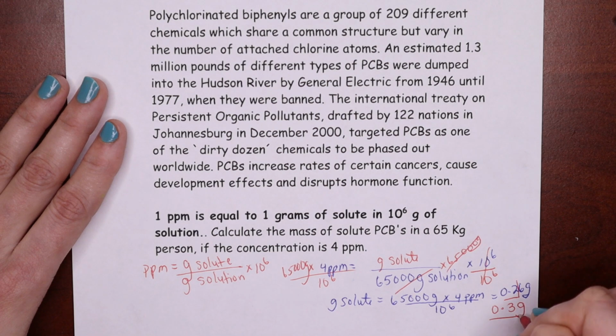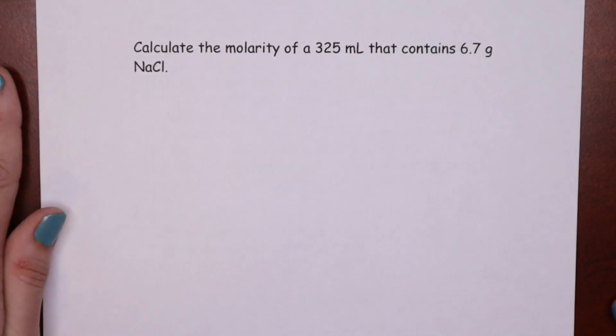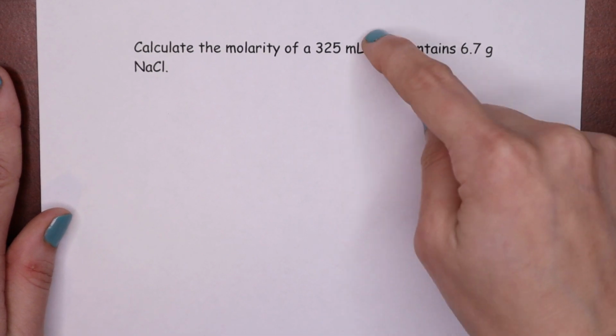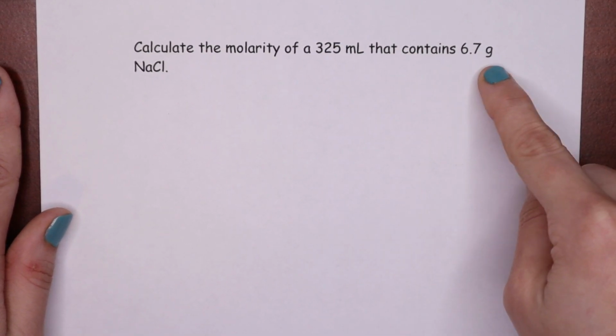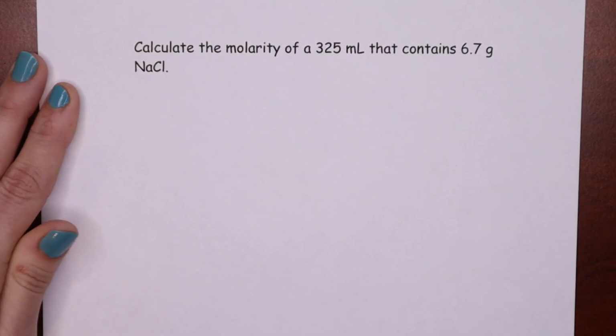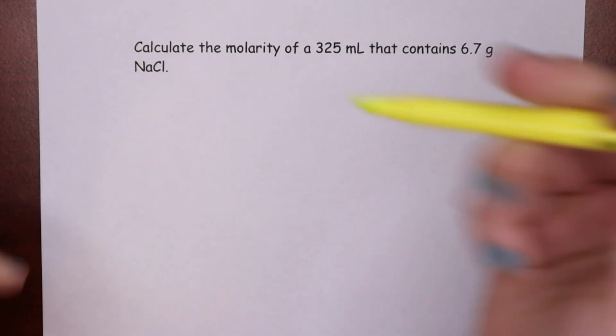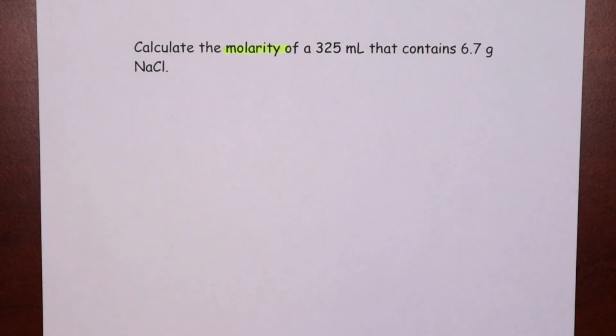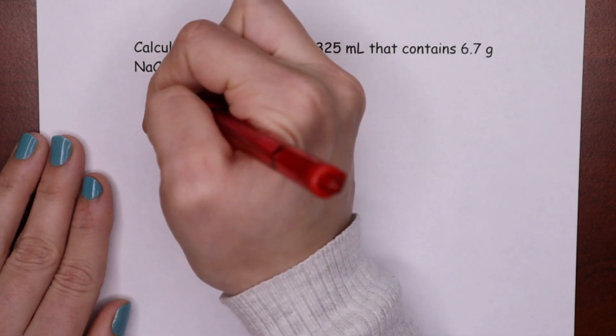0.3 grams. The following question says, calculate the molarity of a 325 milliliter solution that contains 6.7 grams of sodium chloride. So they're asking us to find out the molarity. All right, so that means that you have to know the equation.